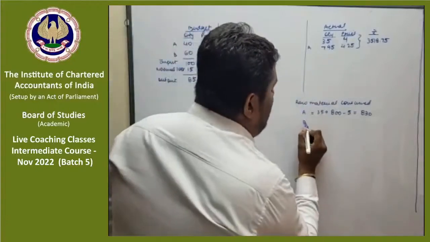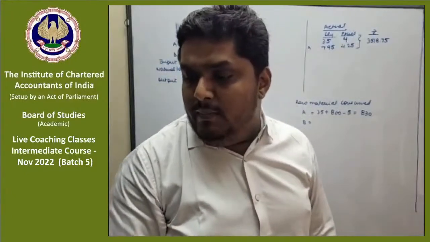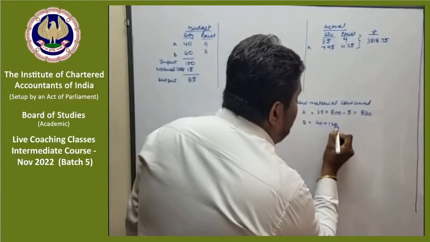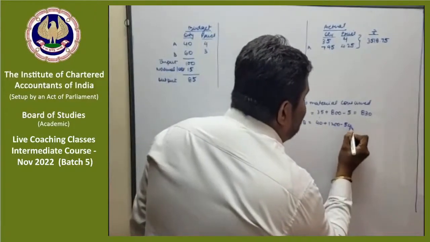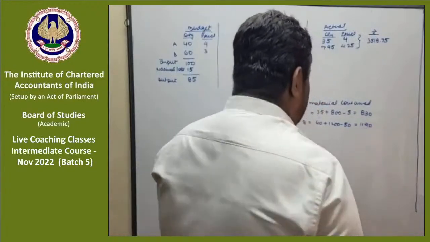Similarly, for B, the raw material consumed is 40 plus 1200 minus 50. So this will be 1190.